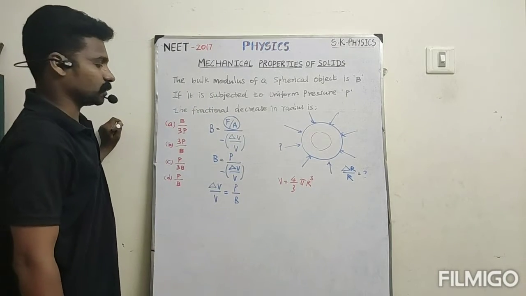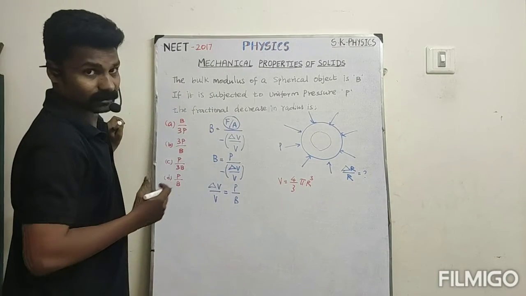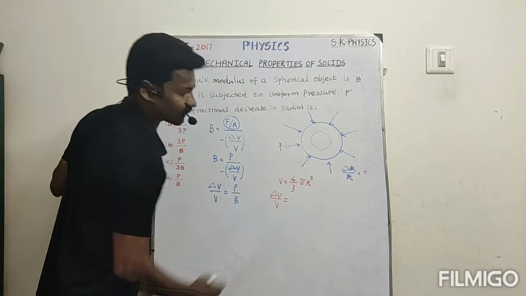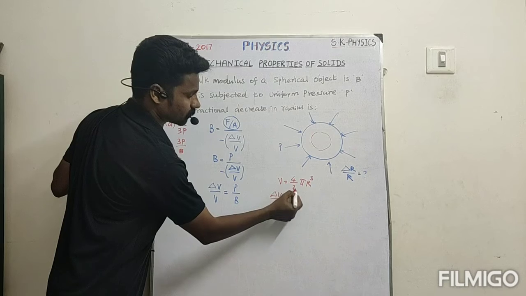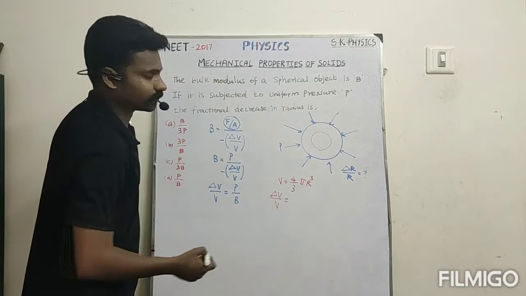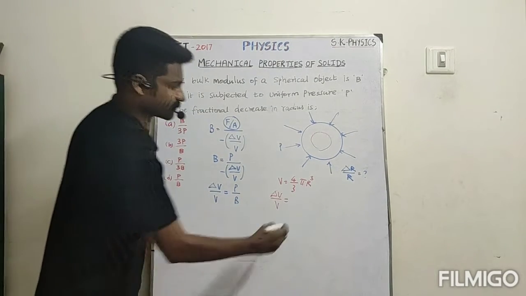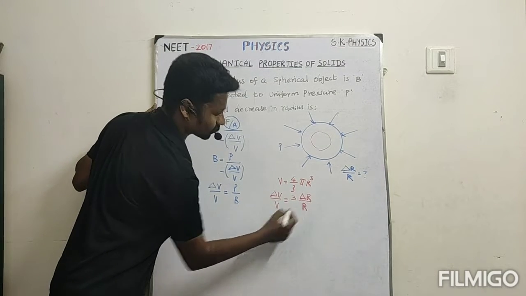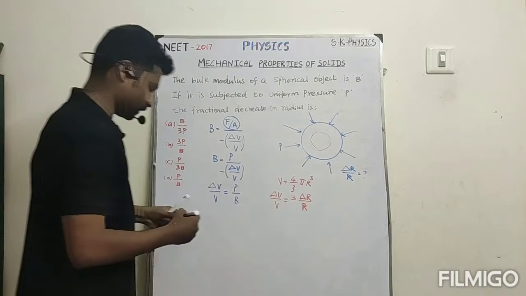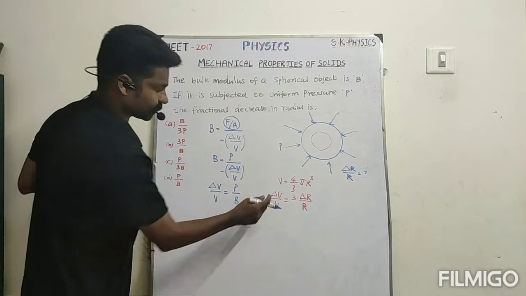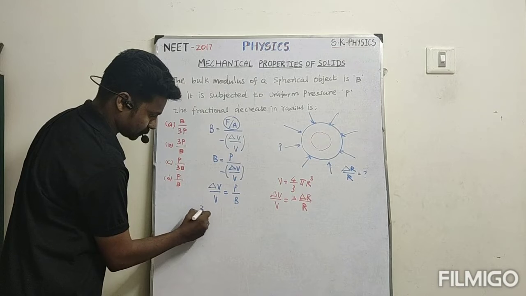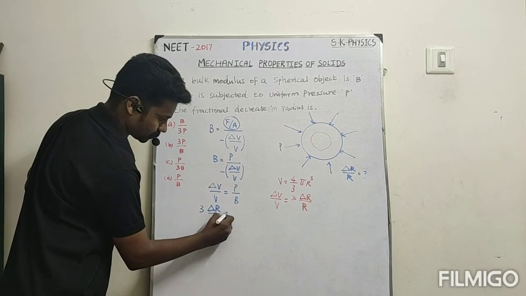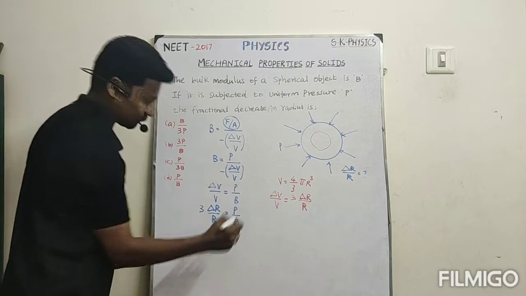Then by the relative error concept, the change in volume divided by original volume: the numbers and pi will not come, and the r cube we can write as a fractional change, that is 3 into delta r divided by r. So now we can replace this value. Instead of delta V divided by V, I can write 3 into delta r divided by r is equal to P by B.